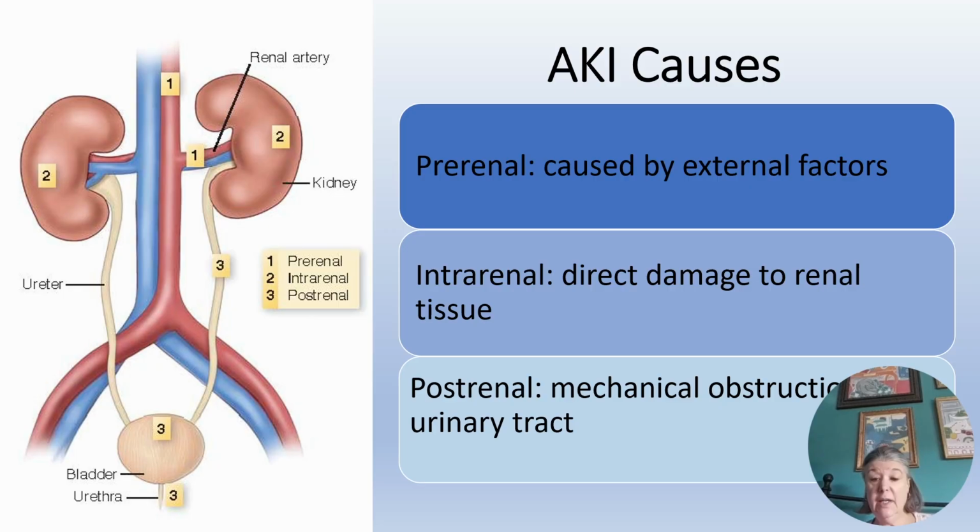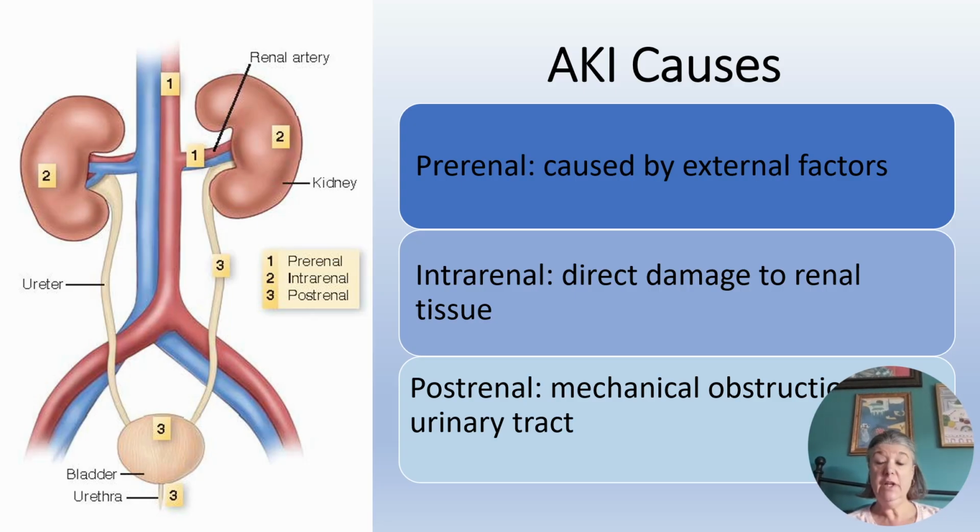So when we're talking about acute kidney injury, we have this pre-renal, intrarenal, and post-renal, okay? Pre-renal is external factors that reduce renal blood flow. Intrarenal causes direct damage to the renal system, and then post-renal involves mechanical obstruction of the lower urinary tract.